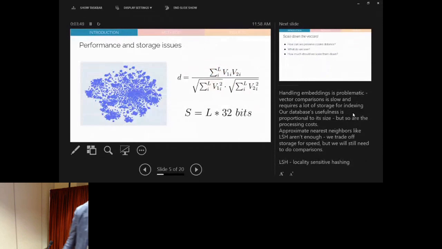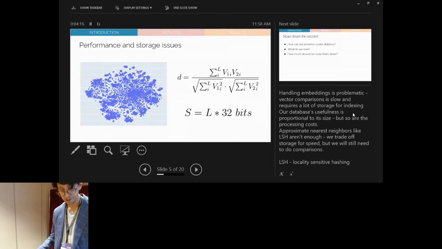So there are a lot of problems actually with this approach. I mean, it isn't a straight up upgrade in every dimension that we could have found. The problem is that handling embeddings is problematic because vector comparison is slow and it requires a lot of storage for indexing the embeddings.